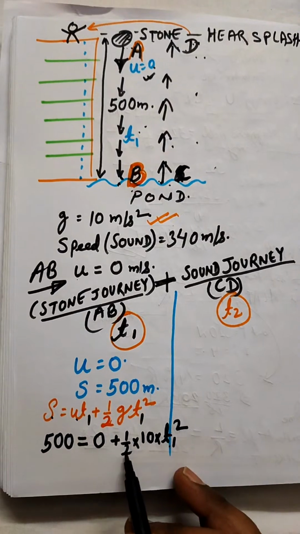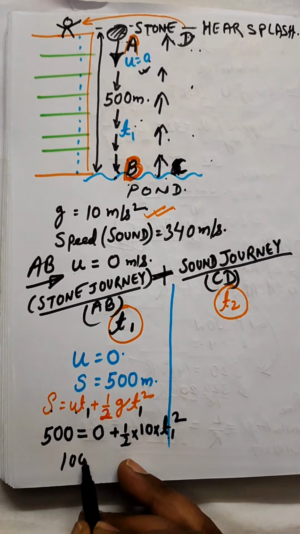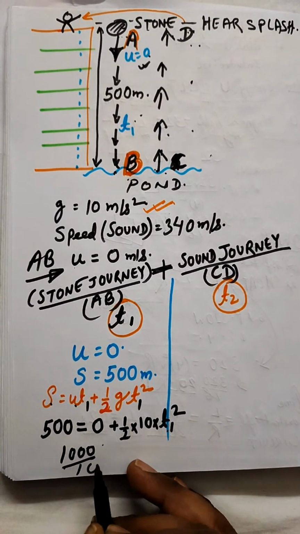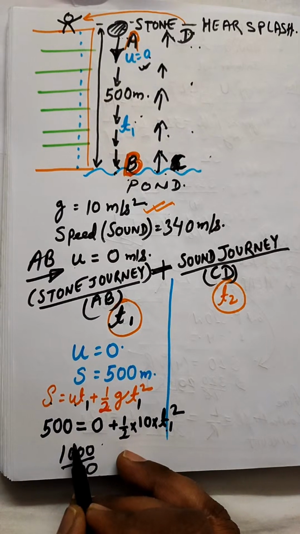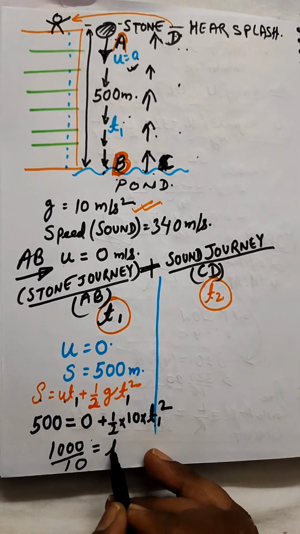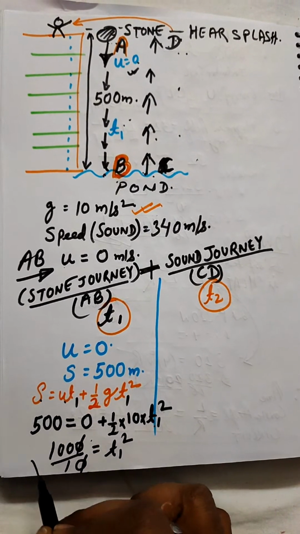Just simply calculate it. 500 into 2 will be 1000. 1000 divided by 10. This 10 will come to the denominator of LHS. And this will give you t1 squared. Take a square root.